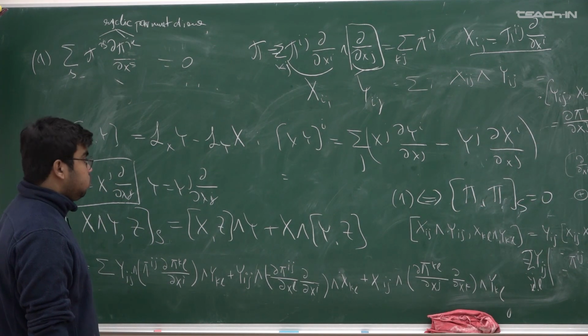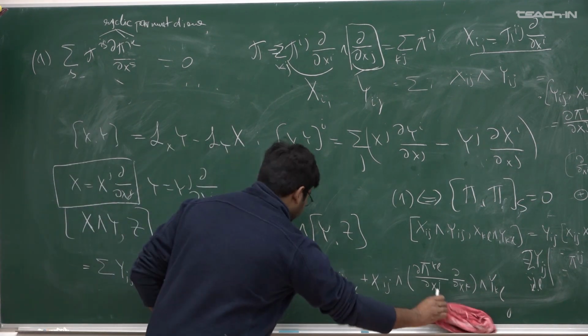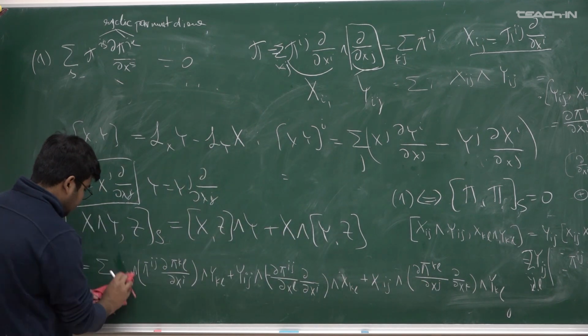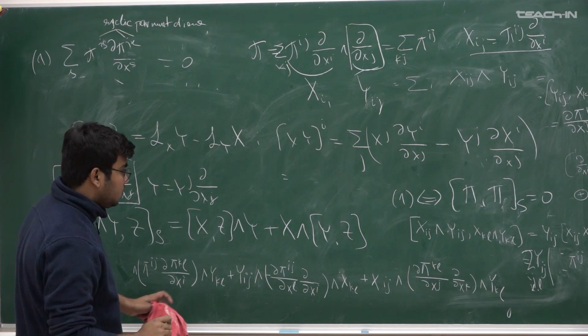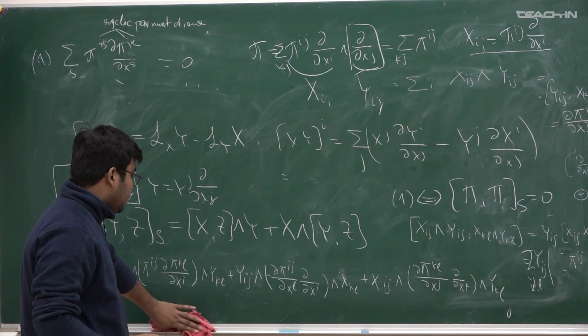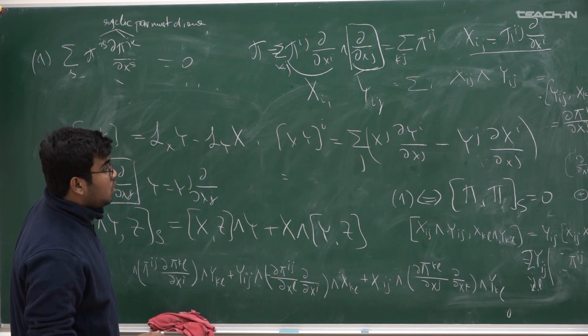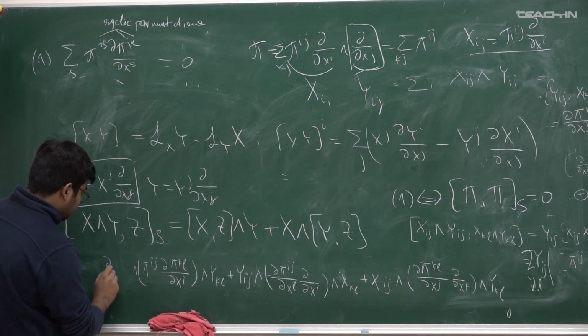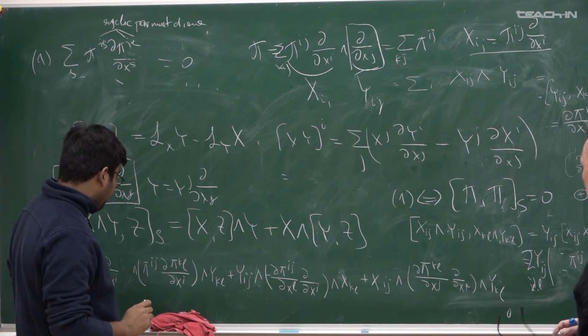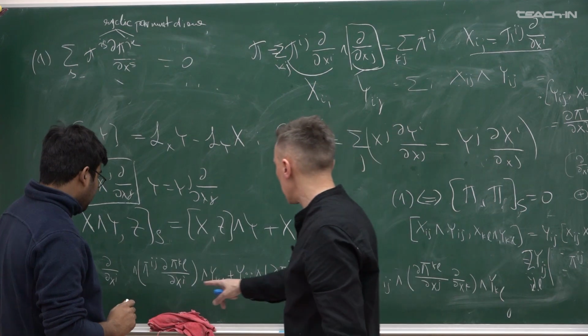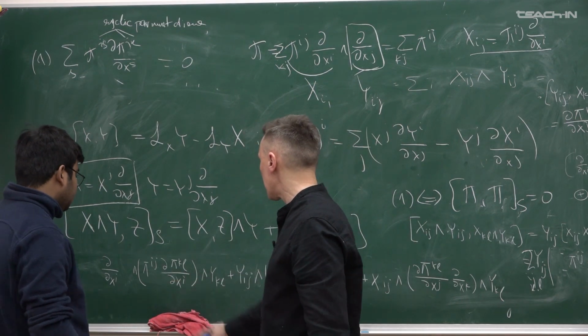Maybe I can write it here directly. Save some space. So it was Yij. So Yij is just like this. And I don't like this. This is not a vector field, it's a function.